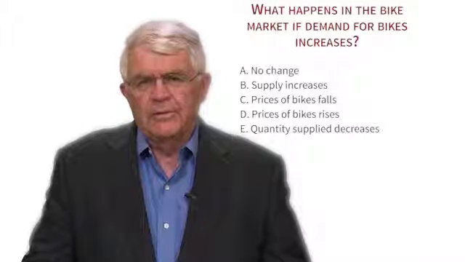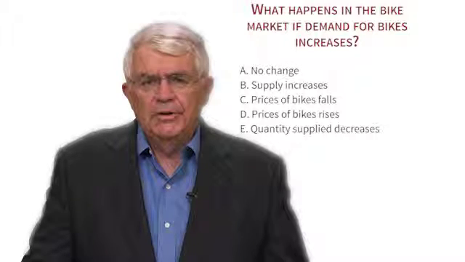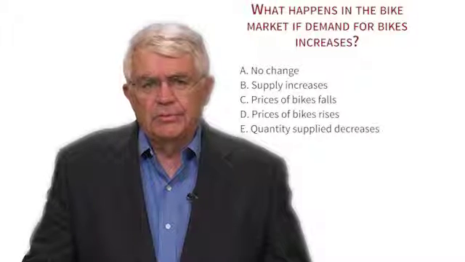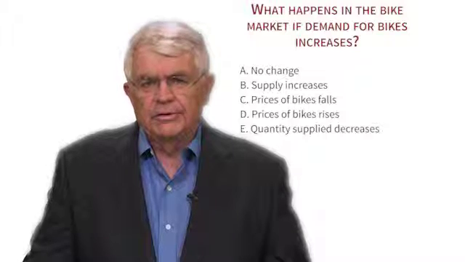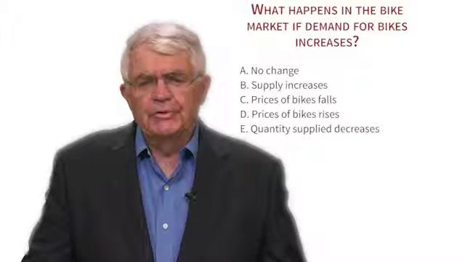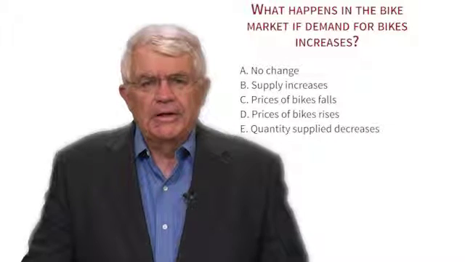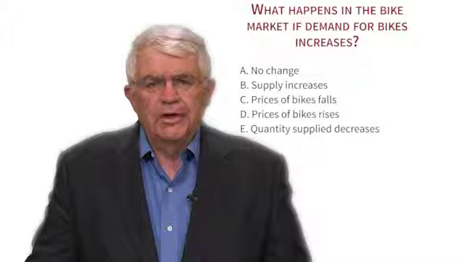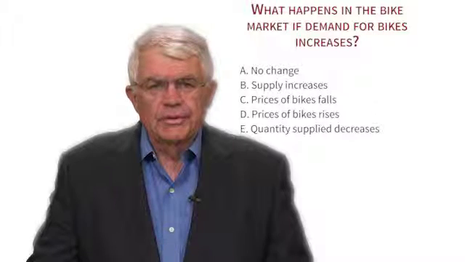The options were: nothing happens, supply increases, the price of bikes falls, the price of bikes rises, or quantity supplied decreases. Only one of those is right. Maybe write on a piece of paper what you think the answer is, and let's look at the model to see which one it is.